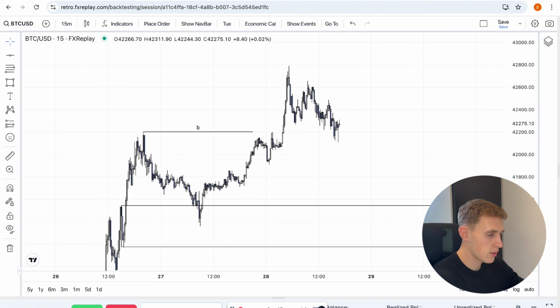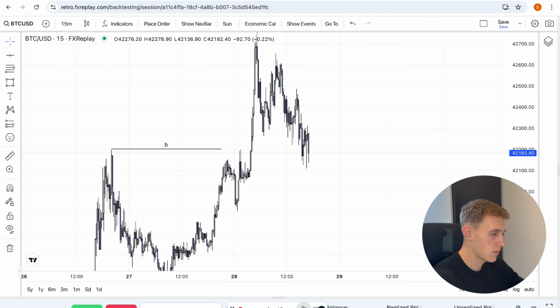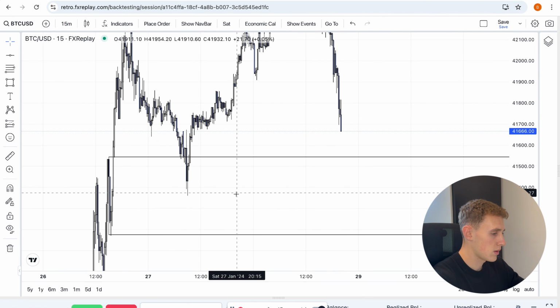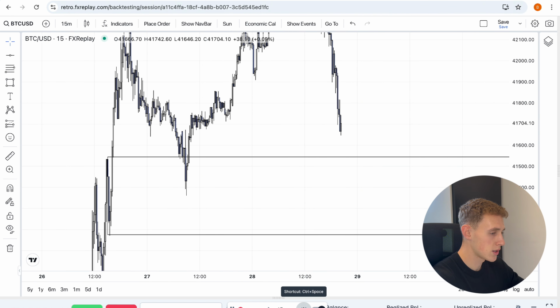See where could it react from. Okay, we could see a regrab of those lows.